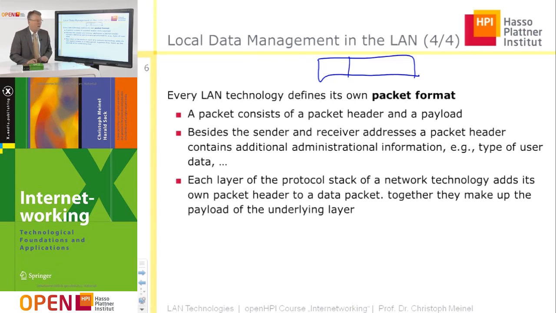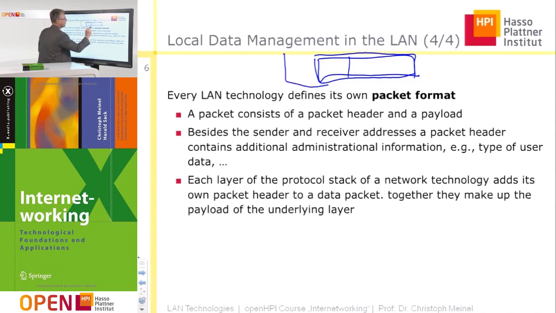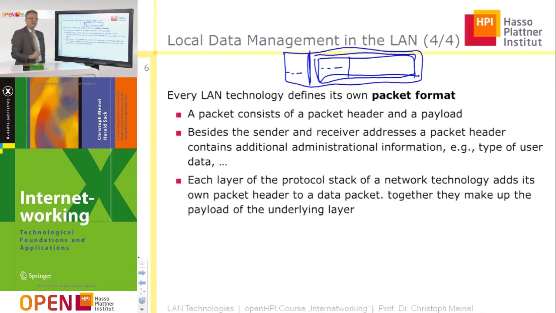Now, that's important: each layer of the data packet is allowed to add its own header. So if this data packet is handled by the next protocol layer, that layer can take it as the payload and form a new data packet.